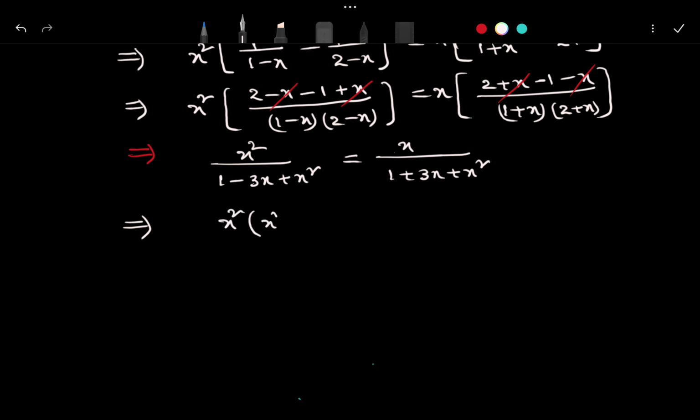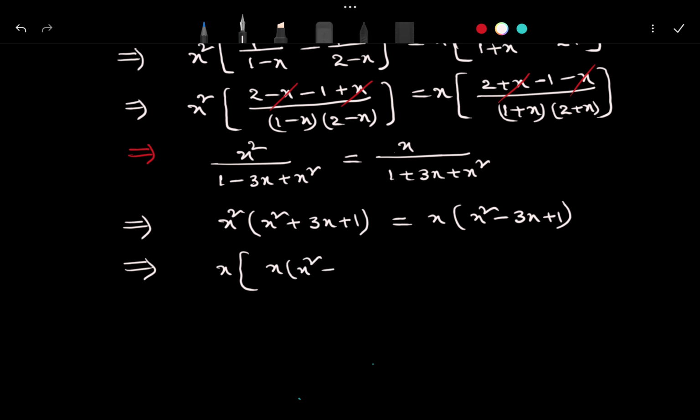x square plus 3x plus 1 is equal to x into x square minus 3x plus 1. Now take x as common: x into x square plus 3x plus 1 minus of x square minus x square.